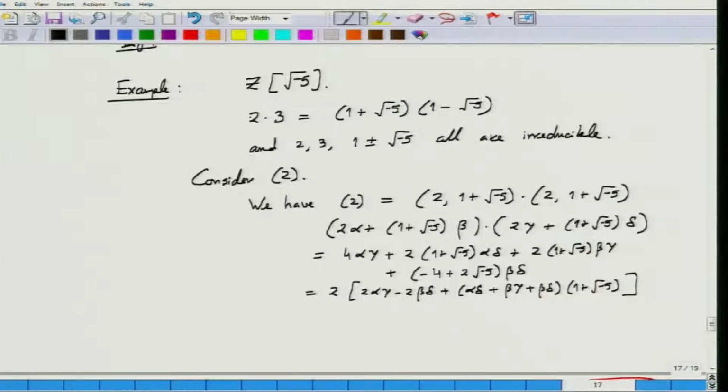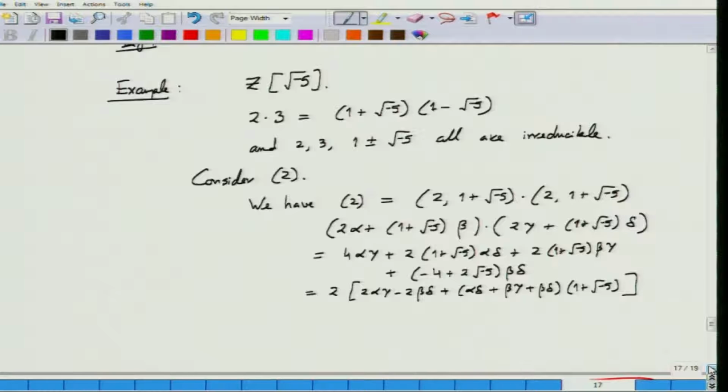As principal ideals, the principal ideal 6 is same as principal ideal 2 times principal ideal 3. Similarly, it is same as principal ideal 1 plus square root of minus 5 times 1 minus square root of minus 5. Now, moving to the ideal world allows us to further factor these principal ideals into prime ideals, which is what is happening here.